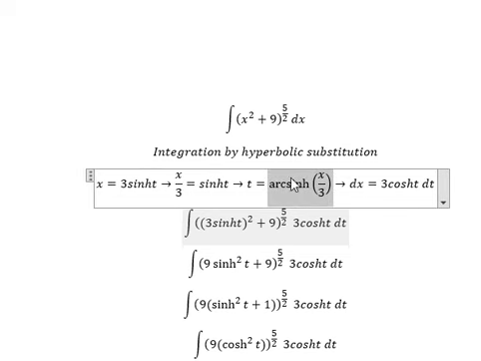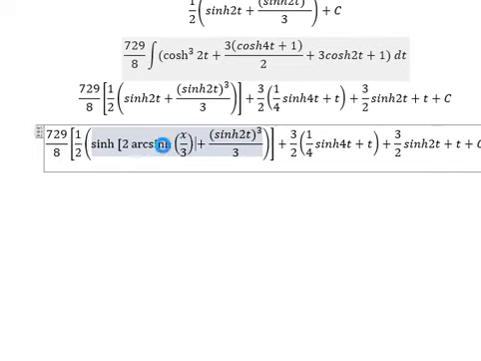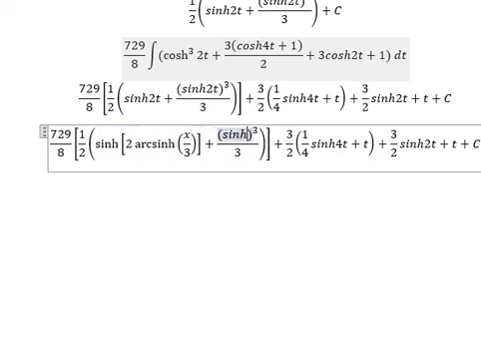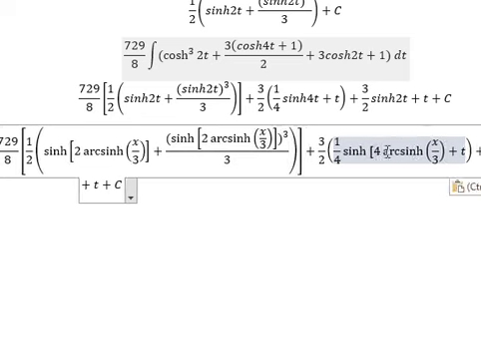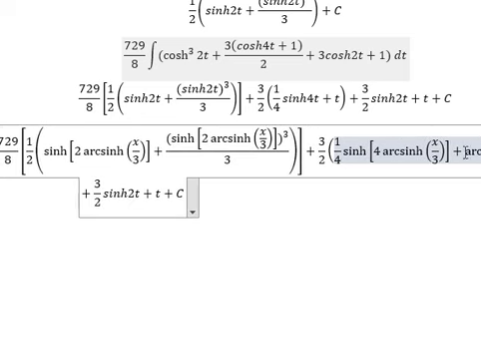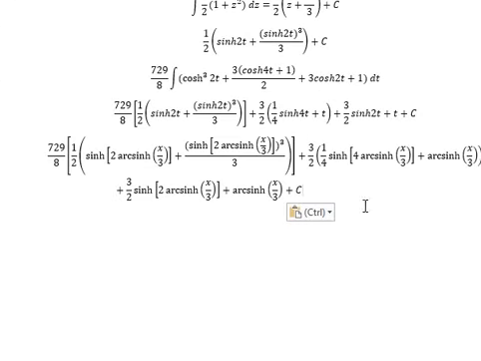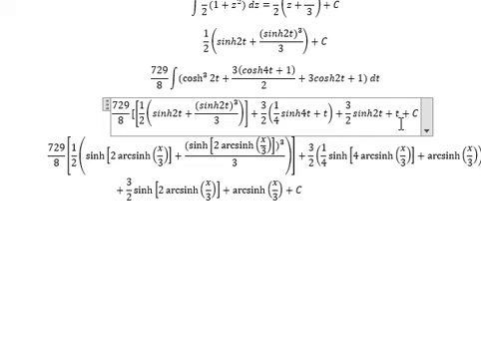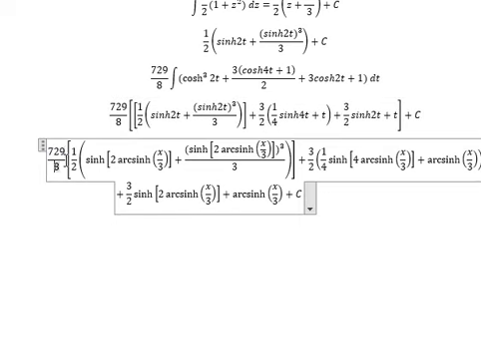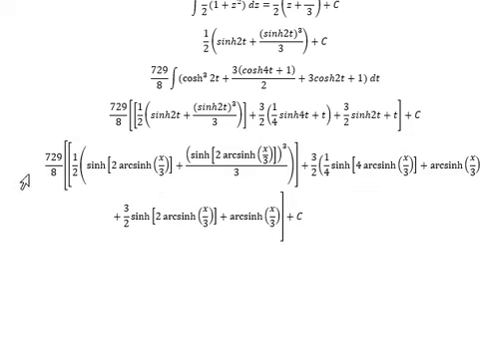So I will put this one to change for t. And this is the final.